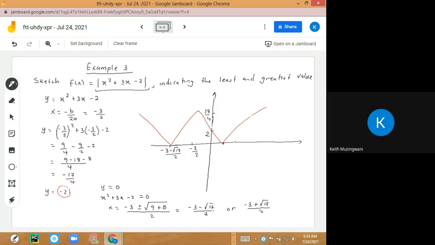Where this point here is -3 plus root 17 over 2, like that. So wherever it was supposed to, so this curve here was supposed to be down, but because of the modulus, it has been reflected to the positive part of y. That's the only reason why it has remained that side.